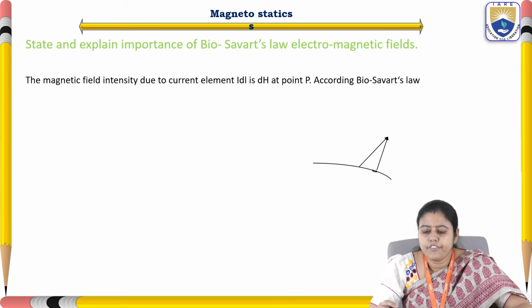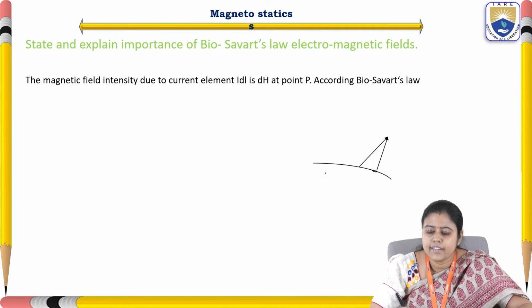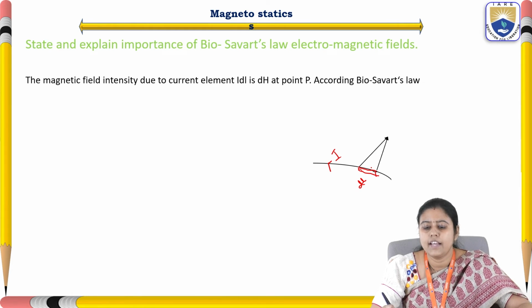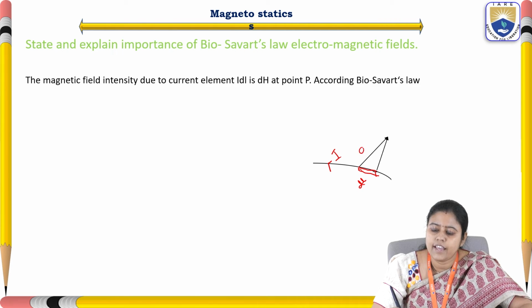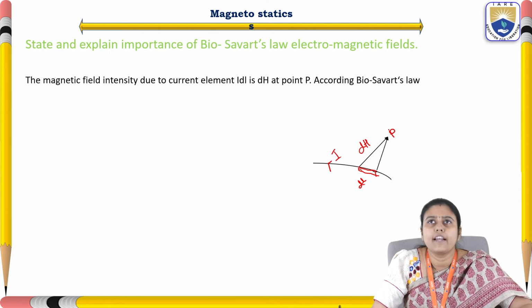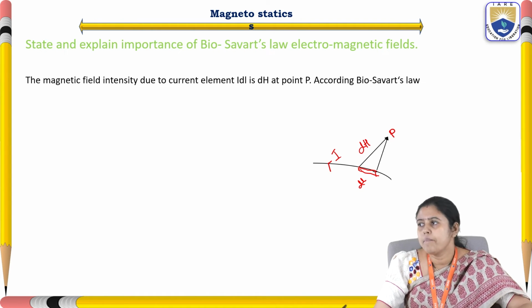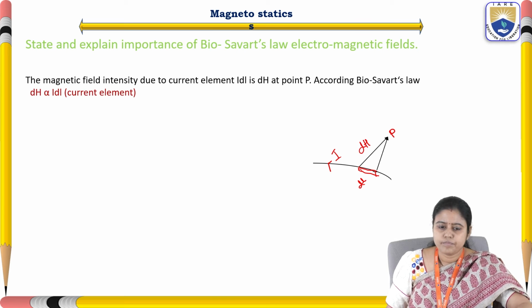The magnetic field due to the current element I dl: if this is a current element I and this is a small length dl, the field intensity dH at a point P we can calculate using Biot-Savart's law.